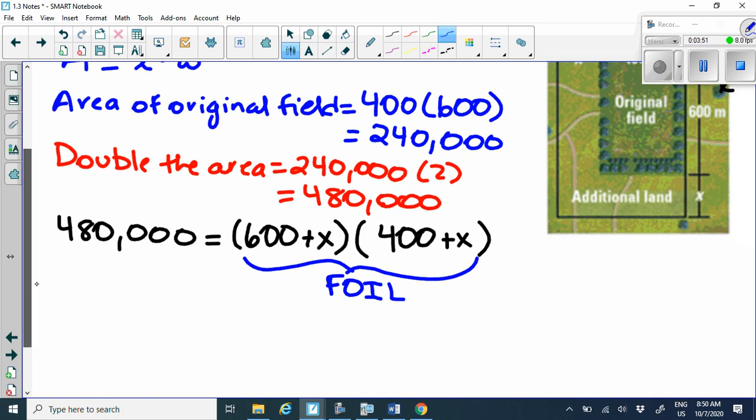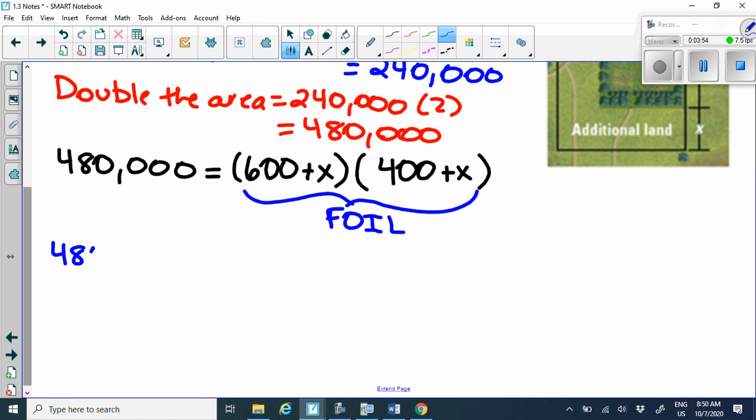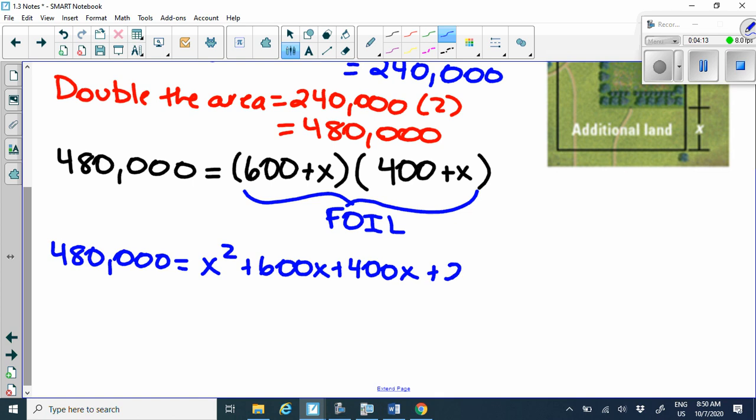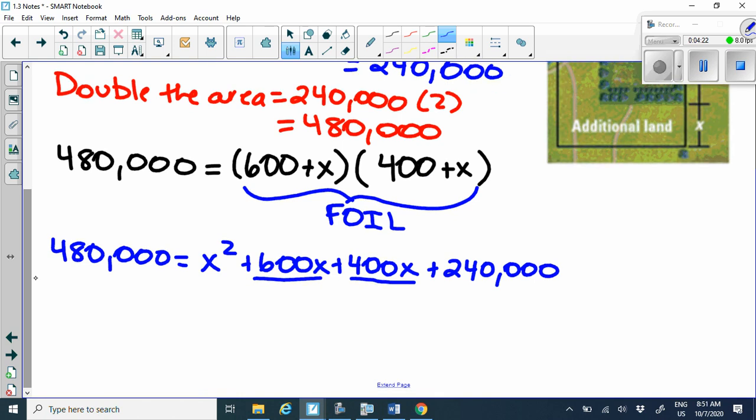Okay? So we have 480,000 equals. We do x times x. I'm going to rewrite this in standard form because I think it's a lot easier. So we have x times x, then plus 600x plus 400x, and then, of course, plus 240,000. Okay, combine like terms, which is going to be the 600x and 400x.